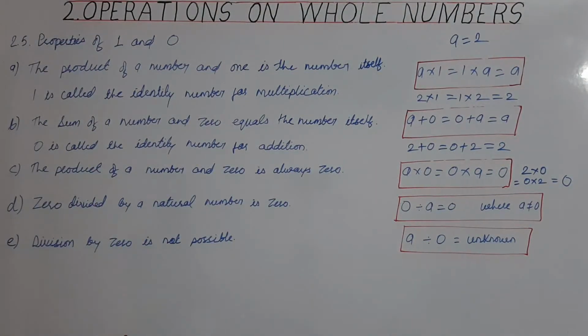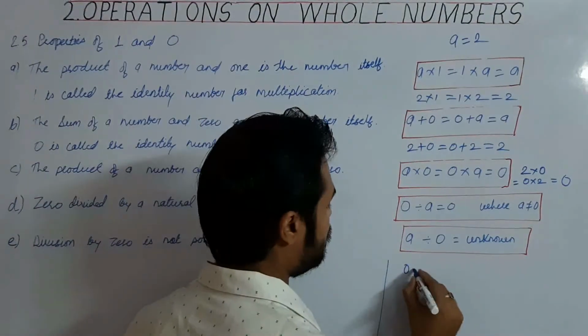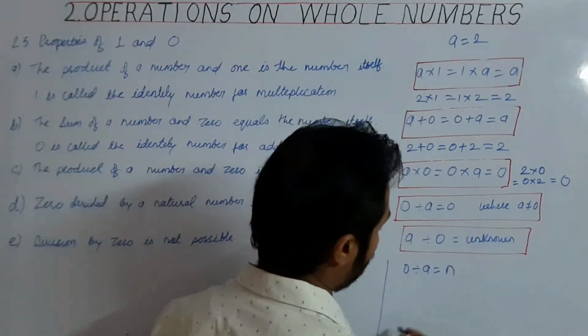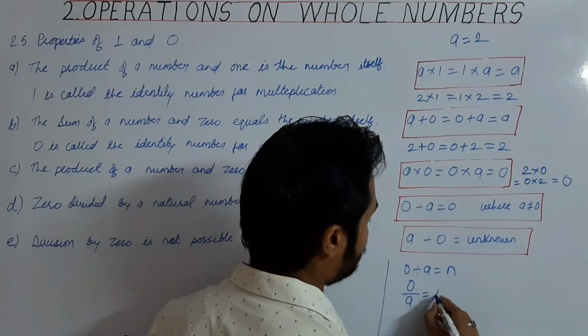Fourth property, 0 divided by a natural number is 0. 0 divided by a equals 0, where a is not equal to 0 because this is for natural numbers. So for check, if we assume that 0 divided by a equals n, in the next step we will write 0 by a equals n.